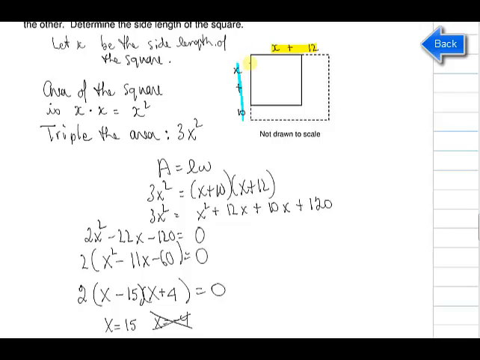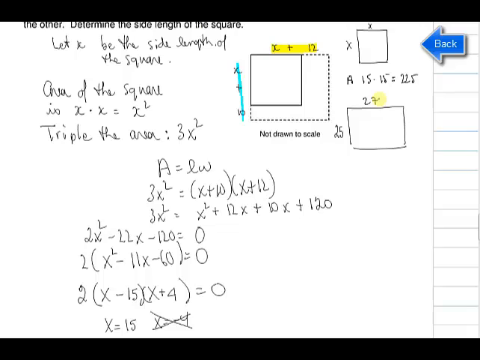Okay, so let's check it out. My original square would be x by x, so in other words, my area would be 15 times 15, right? Which is 225. For my rectangle, if I add 15 to 10, I get 25 for this side. And if I add 15 to the 12, I get 27, right?